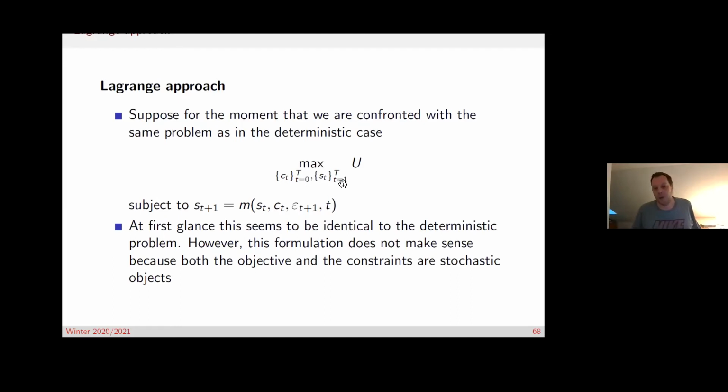And then we can calculate a utility for every set of realizations. If we weigh all those utilities for every set of realizations by their probabilities, we can calculate the expected utility. And this is what we want to maximize. Does that make sense?